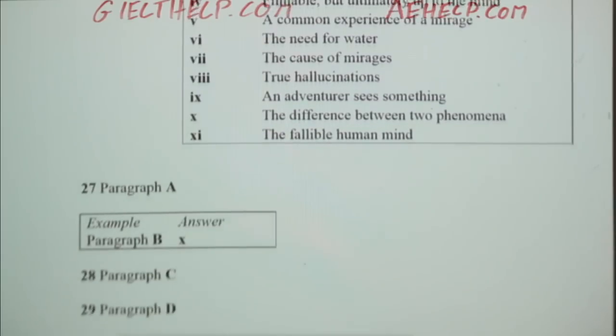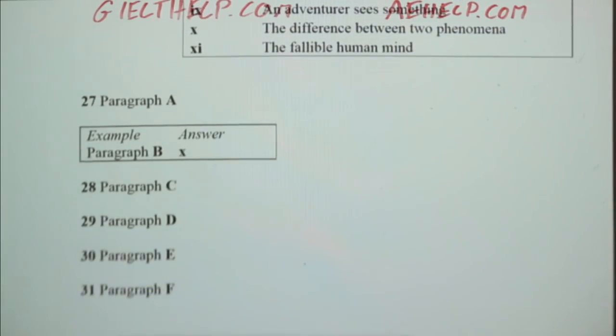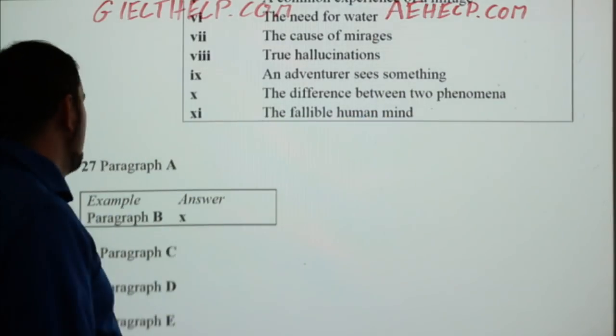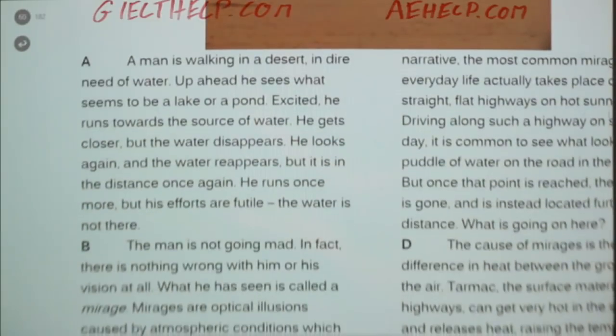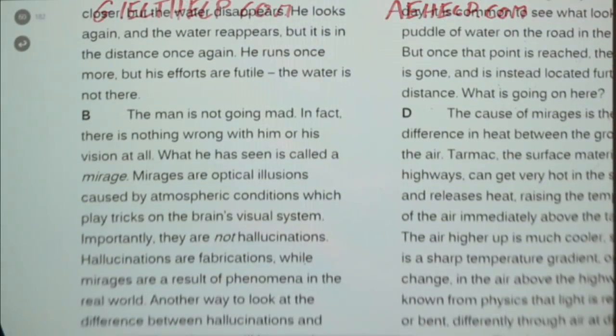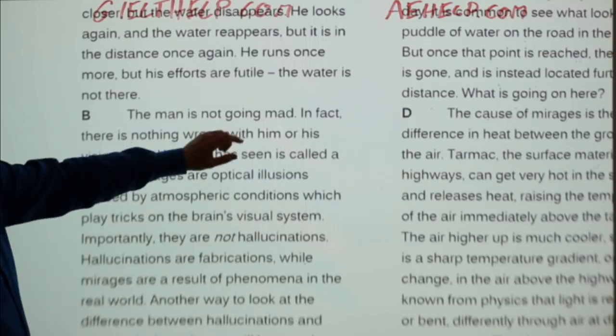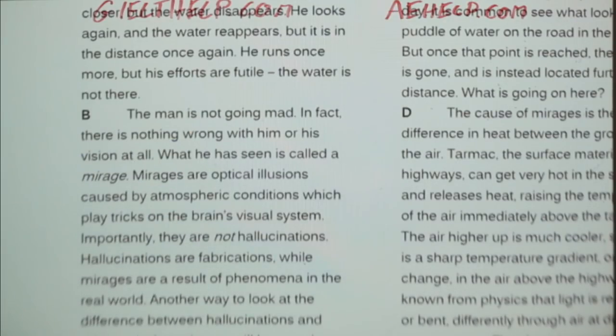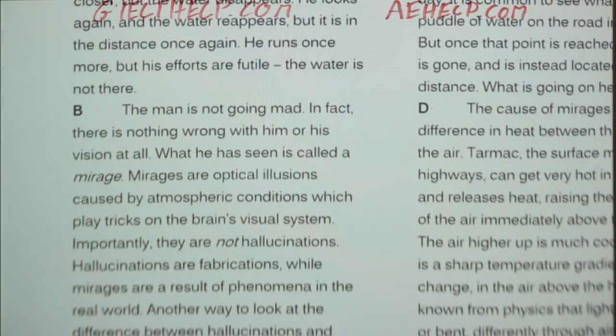All right, second paragraph, we can read that one, but we already know that the answer is X, the difference between two phenomena. So we'll read over it. Don't skip the example paragraph, by the way, in the real IELTS. So the man is not going mad. In fact, there is nothing wrong with him or his vision at all.